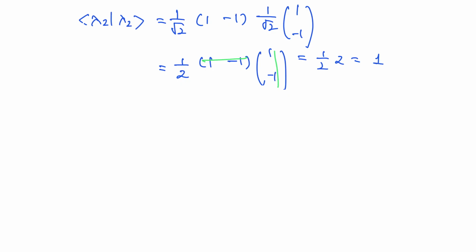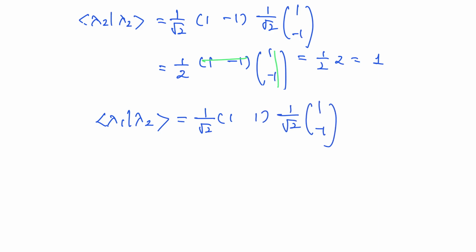How about if you have two different indices? Lambda 1, lambda 2. 1 over square root of 2, 1, 1 and 1 over square root of 2, 1, minus 1, which is 1 half.